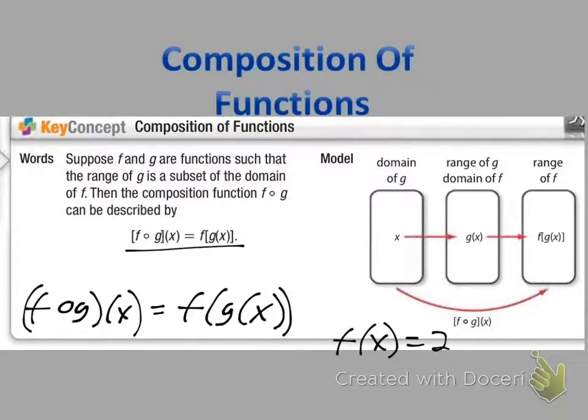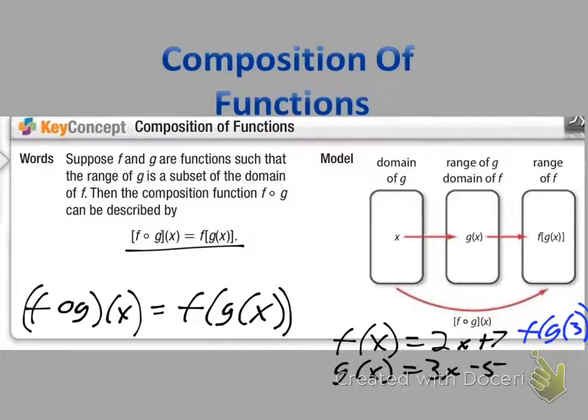It was 2x plus 7, g of x was 3x minus 5. The question will say, do f of g of 3. That's how it'll be written.